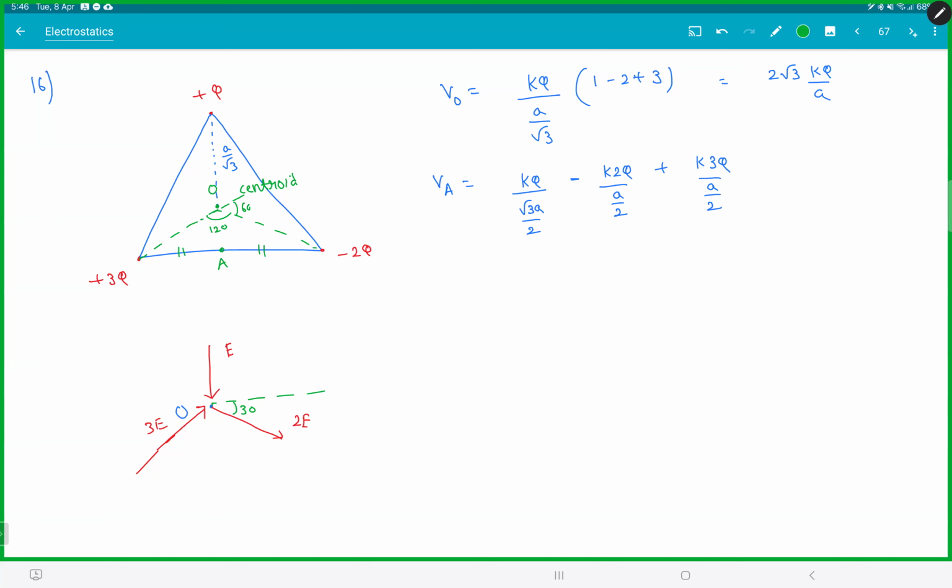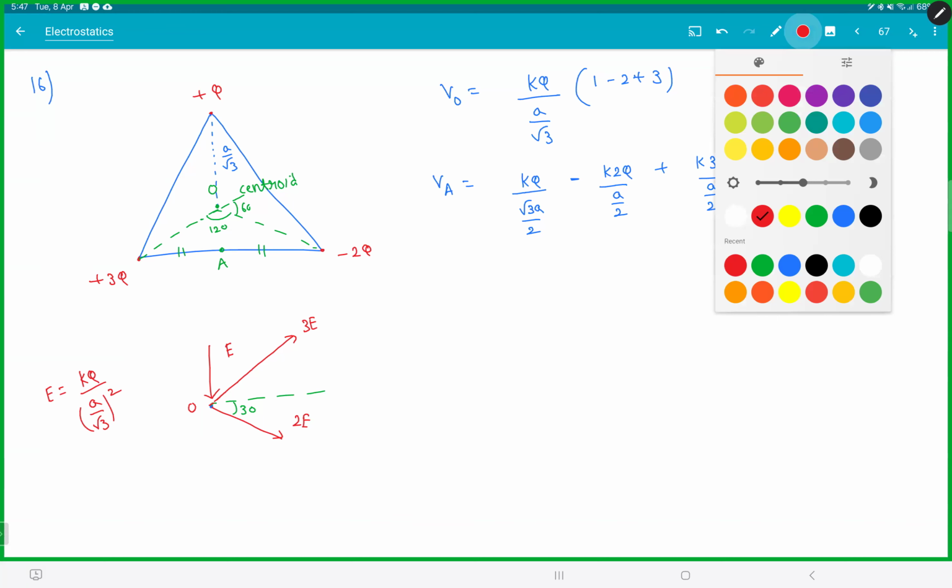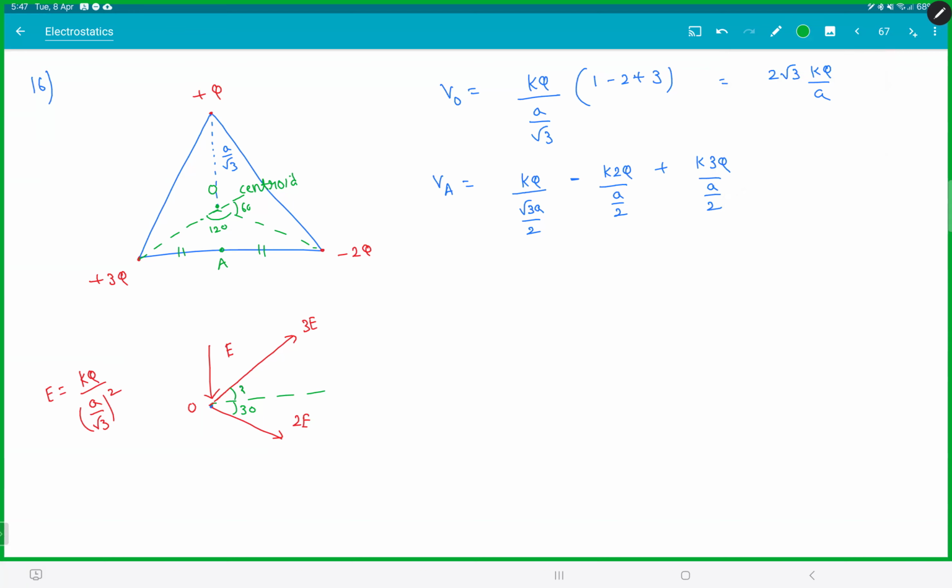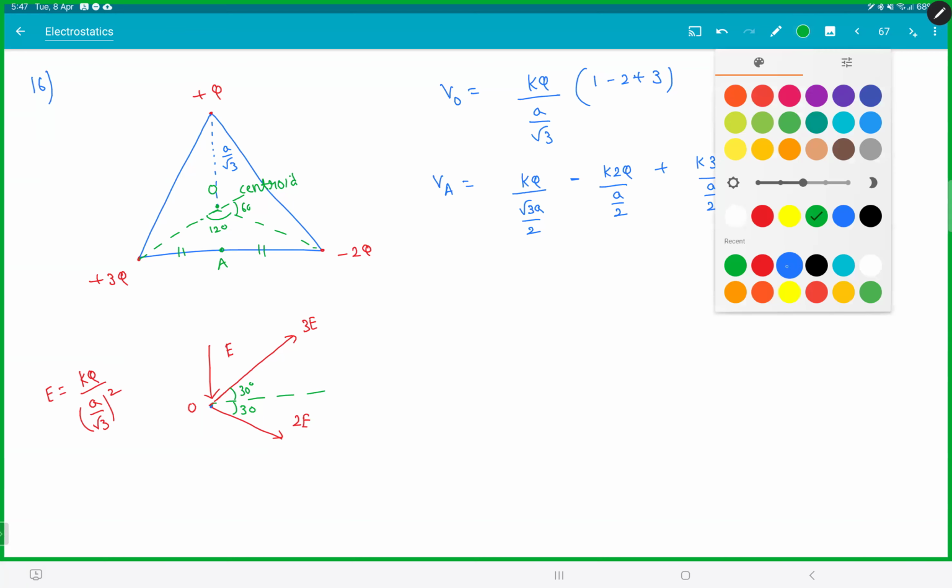So wait, I'll do one thing. So this 3, let me write it here. So this 3 will be like this. This is O. E's value you can put as KQ by A by root 3 whole square. That is 30. This is 30. There, you're done.